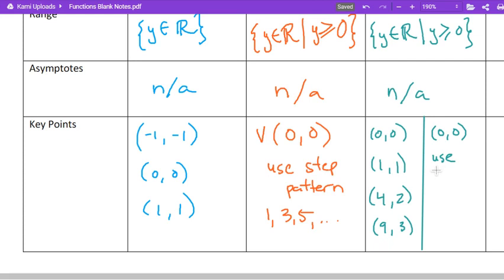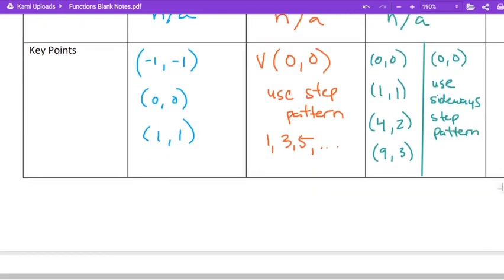sideways. I wasn't sure what word works, but if you need to, I'll write one: up one, across one; up one, across three; up one, across five.